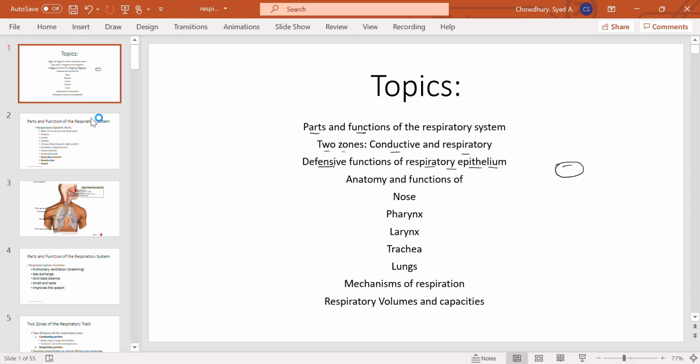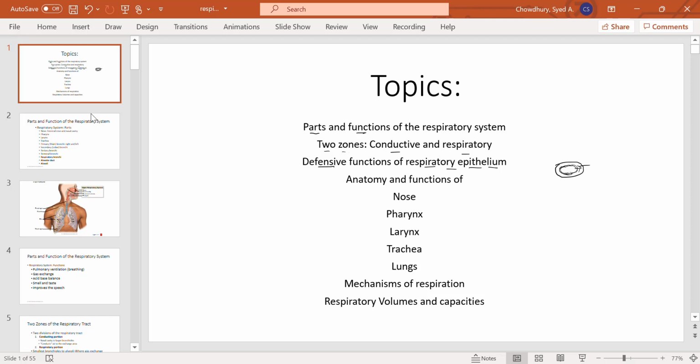For example, this is your trachea, right? So this is the wall of the trachea, and this is the innermost mucous membrane or epithelial membrane, and it prevents the antigens from entering into the body.